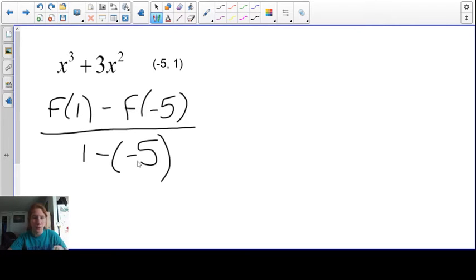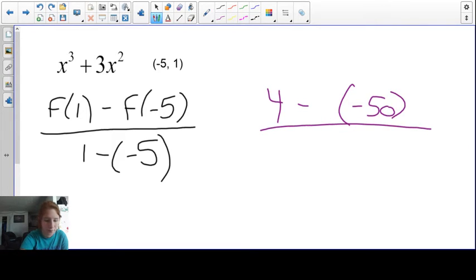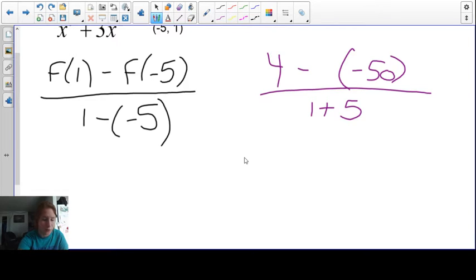So if I plug in 1 above, I get the value of 4. And when I plug in -5 above, I get the value of -50. Notice here I still have subtraction, so that turns into addition because of the negative, so that turns into 54 divided by 6, which gives me 9.